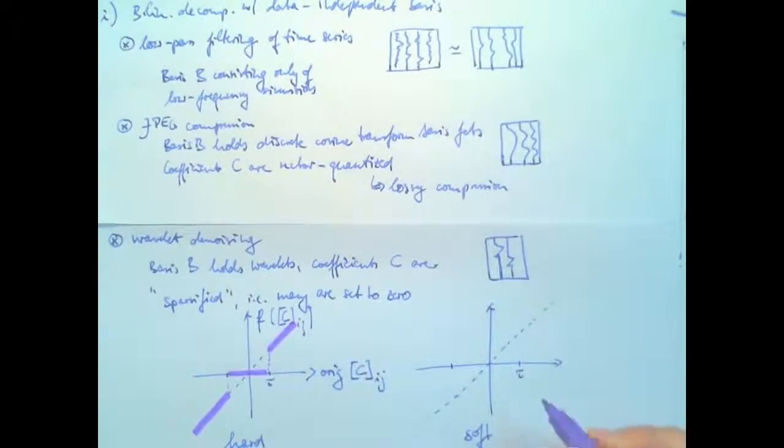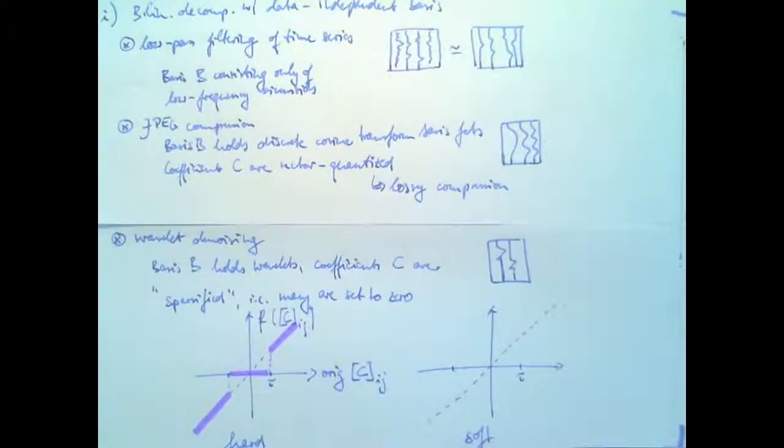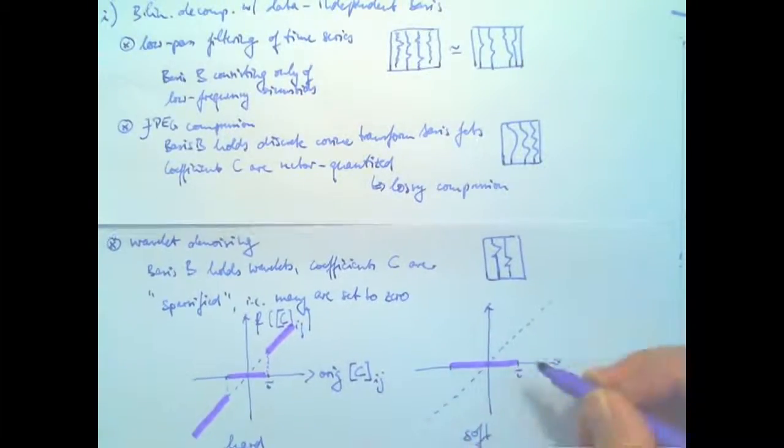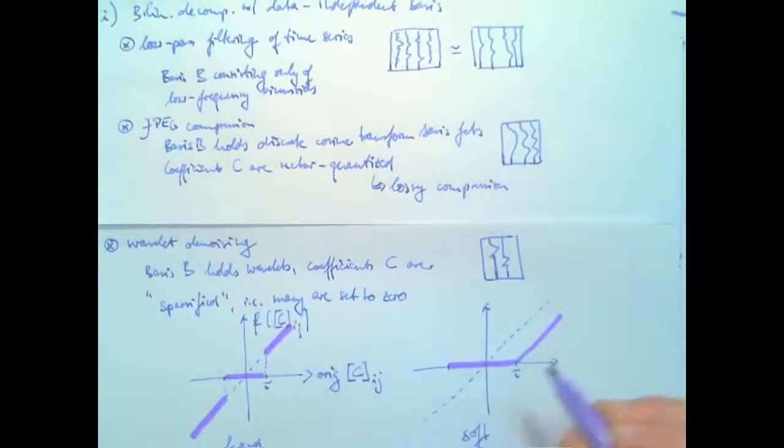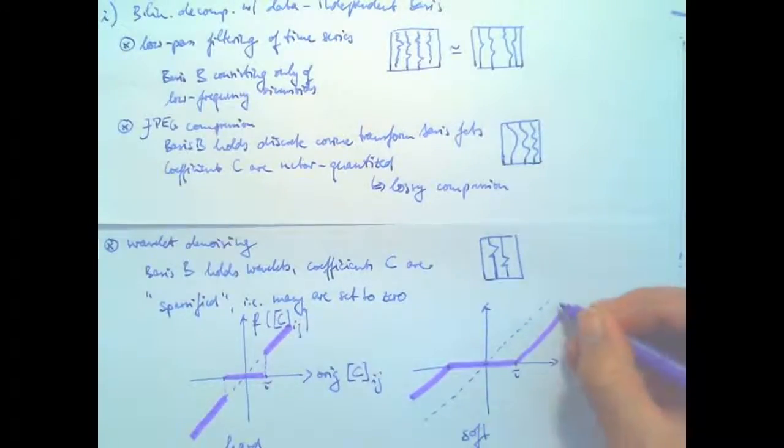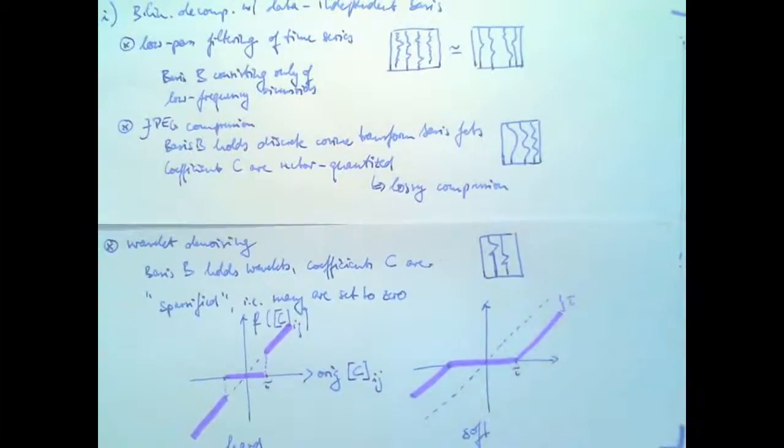So in other words, your transfer function for coefficients then looks like this. Okay, so you subtract from all coefficients a constant amount, and set to 0 those coefficients that were already small originally.